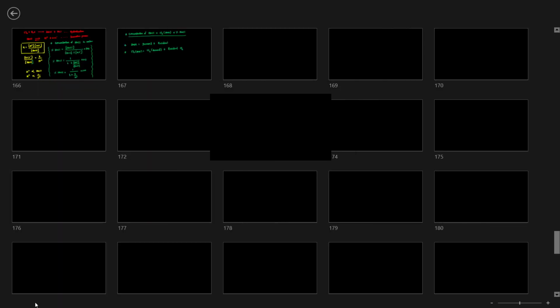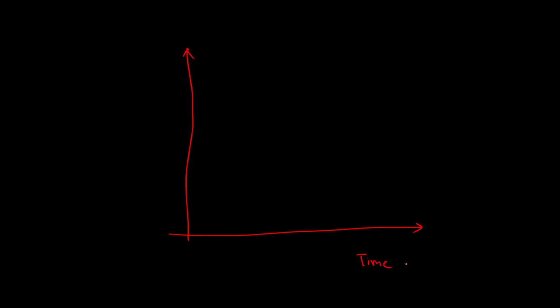Now what are N0 and Nt? If we draw a diagram, on the x-axis it represents the time, and on the y-axis it represents the number of organisms. Initially, when there is no addition of any disinfectant, the number of organisms present is N0.